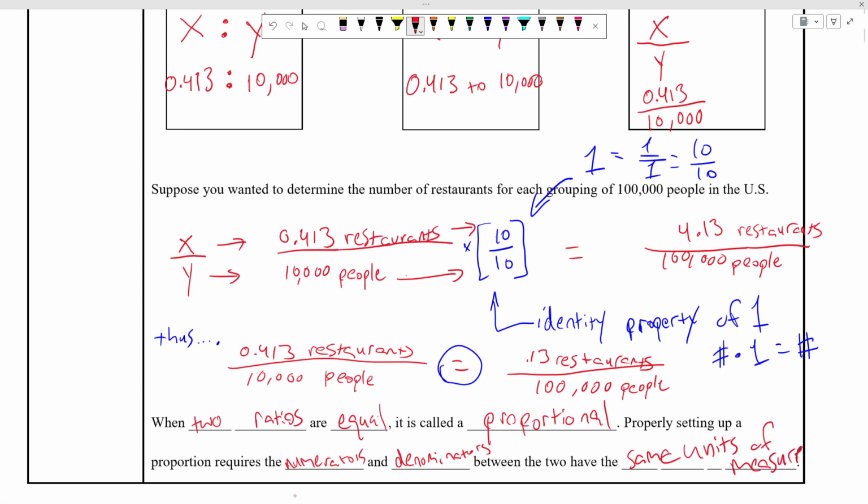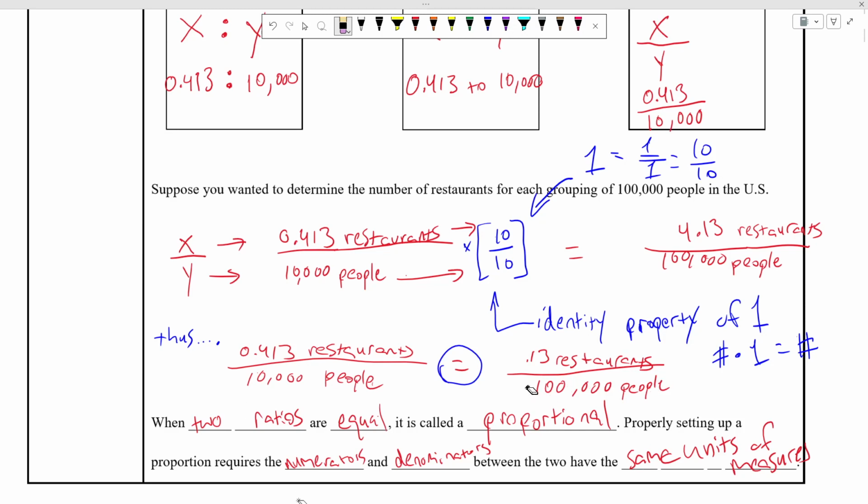In other words, I have two ratios, and I was very particular to set this up so that people is on the denominator in both. Wherever people is in one ratio, whether on the bottom or on top, when you equate it in the proportion, it has to be in the same spot.